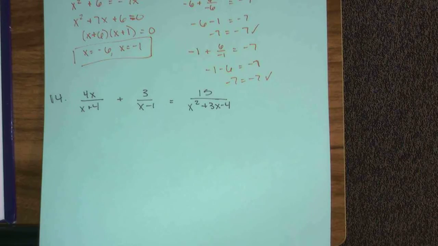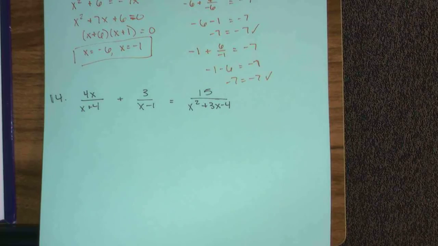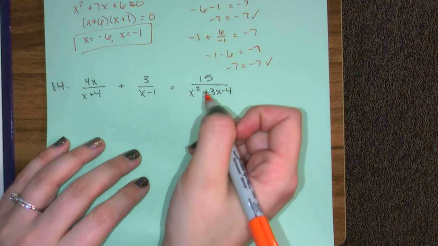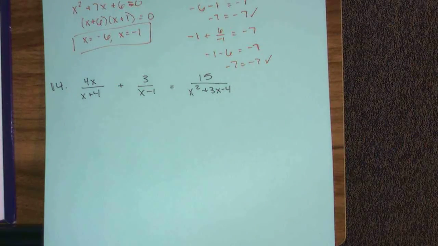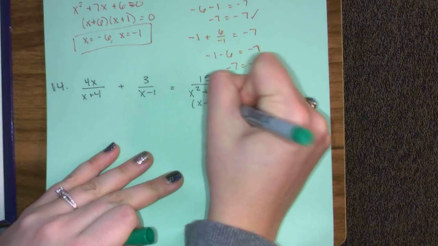By working out perfectly, what do you mean? So, this is x plus 4, x minus 1, okay over here.